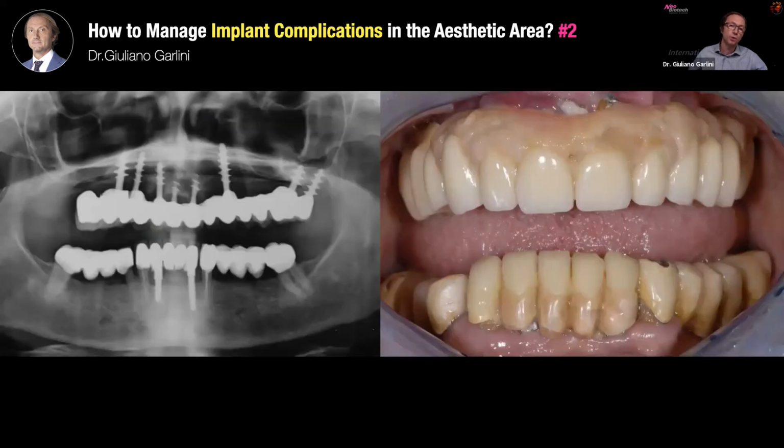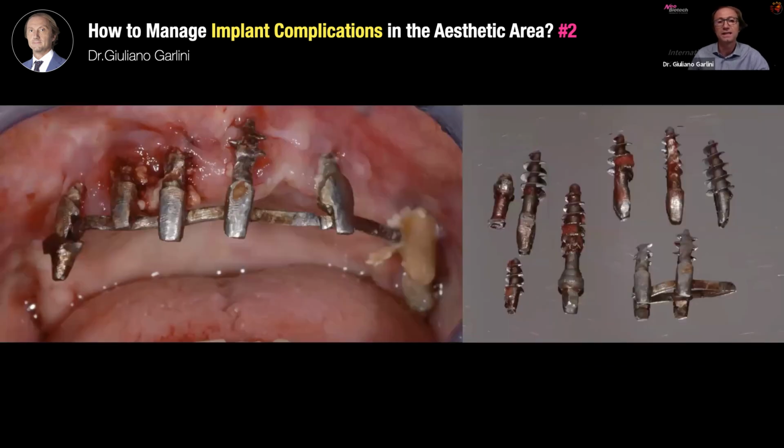As we said before, sometimes we are not able to maintain our implant, especially if they are particular implants like the monophasic implant that you can see in this image. We have already spoken about those kinds of implants last week, and these are called Tramonte screws, very common 40 years ago in Italy, but you have to deal with this kind of peri-implantitis.